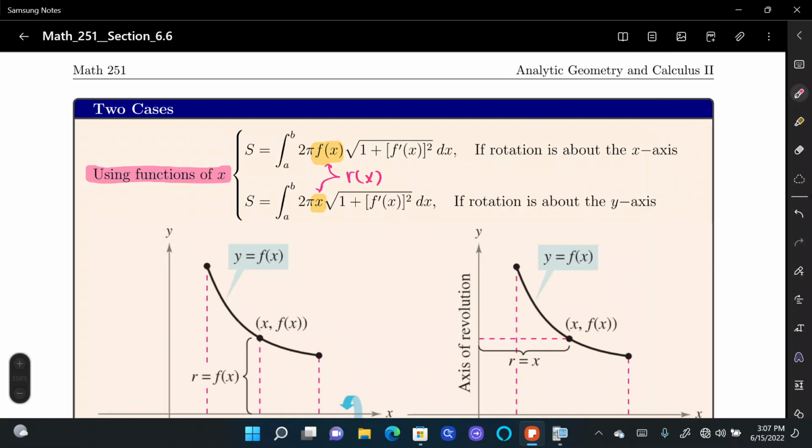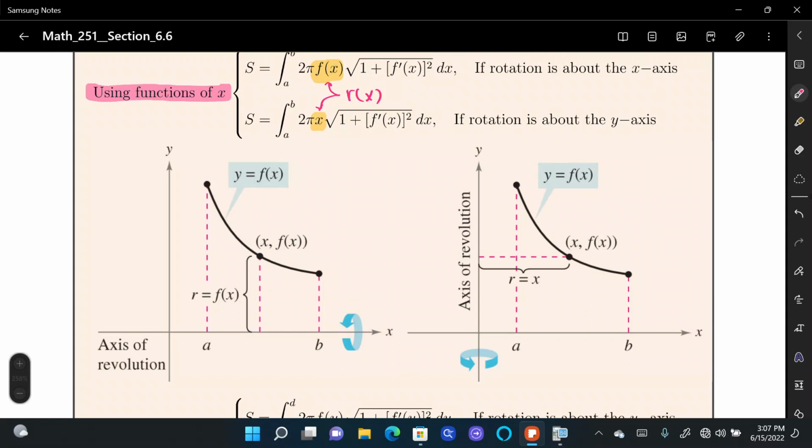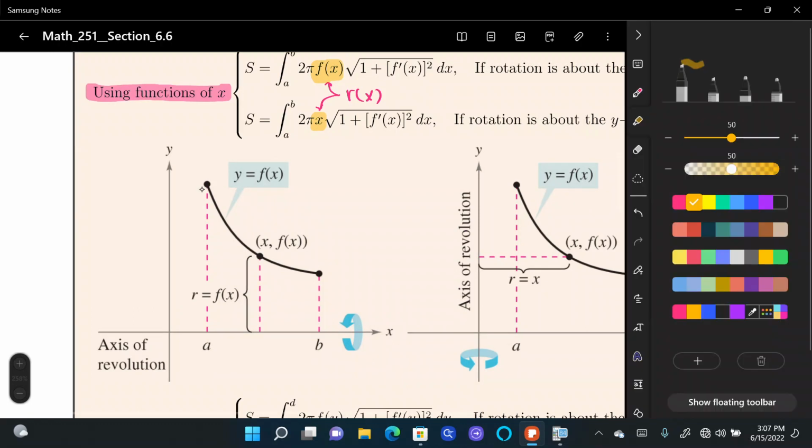The picture below is going to help us here. This one right here is a function of x, and in this case it is rotated about the x-axis. A function of x rotated about the x-axis generates a top minus a bottom point.